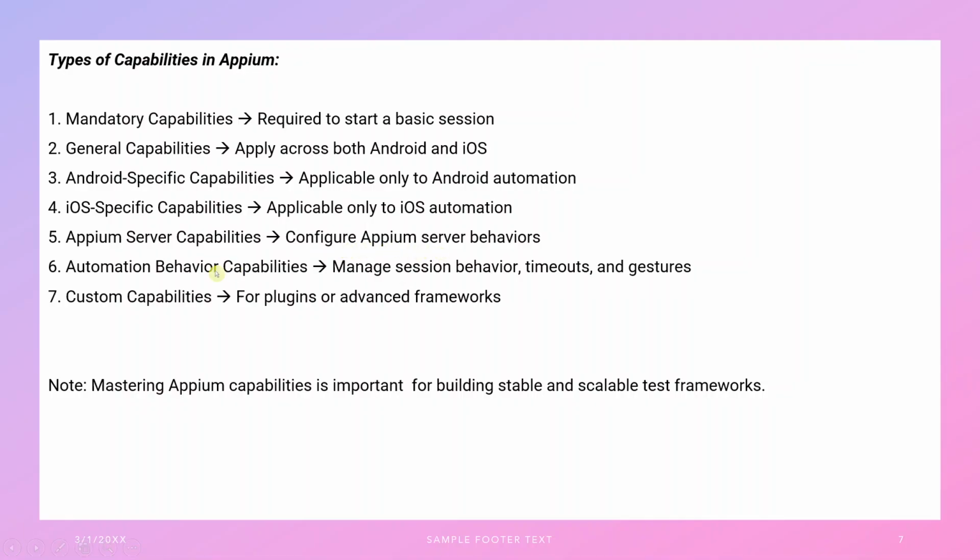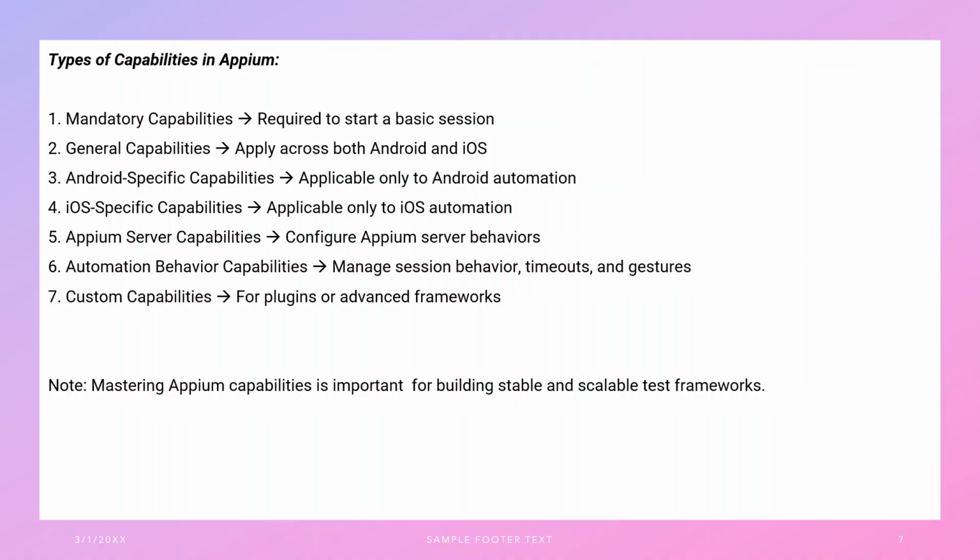And we have one more capability, the automation behavior capabilities. These manage the session behavior, timeouts, gestures, all these things. And the last one is the custom capabilities for plugins and advanced frameworks.